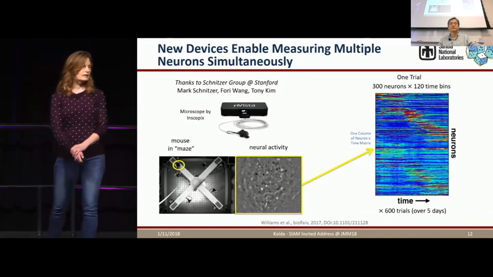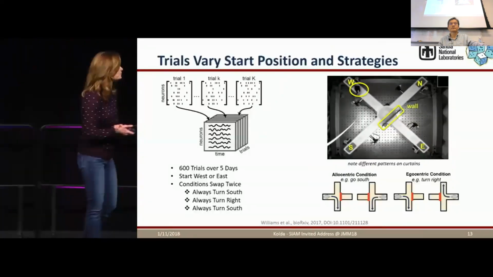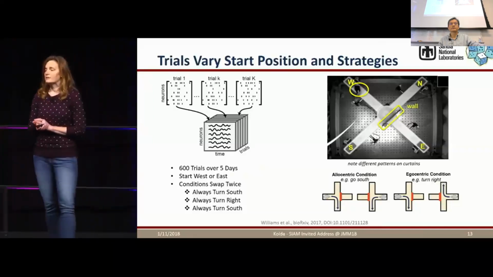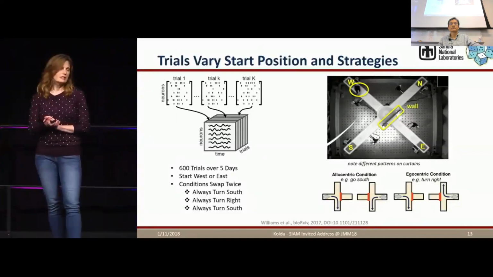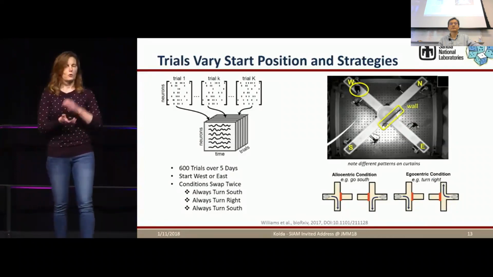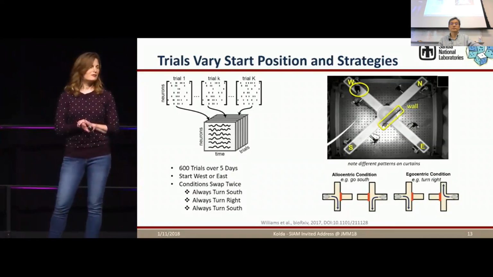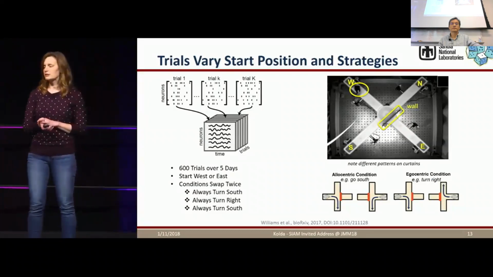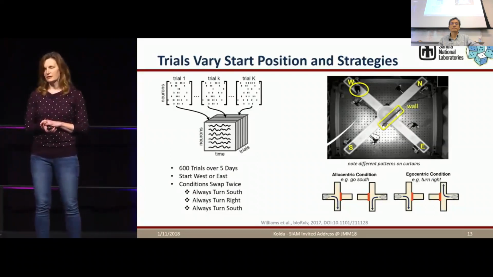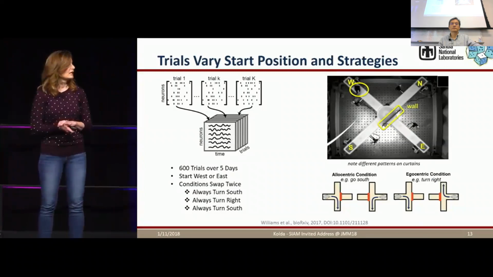Let me tell you a bit more about the experiments that they did here. The mouse will start in either the west or the east of this maze. There's a wall in the middle, so when it gets to the middle, it has to make a turn. And if it makes the correct turn, it gets a treat. At first, it should always turn south, whether it starts in the east or the west.